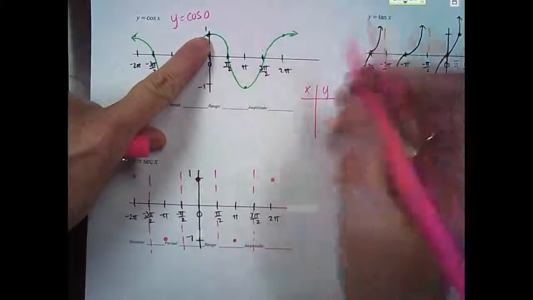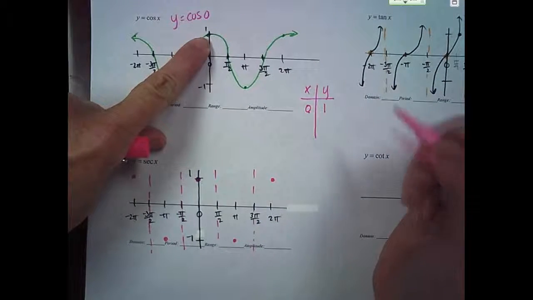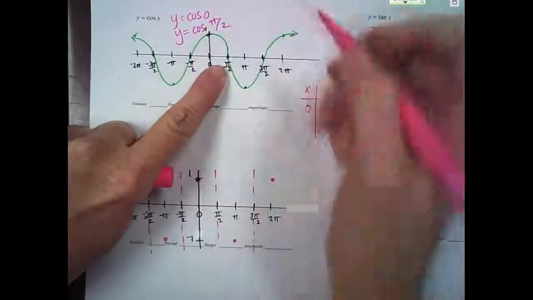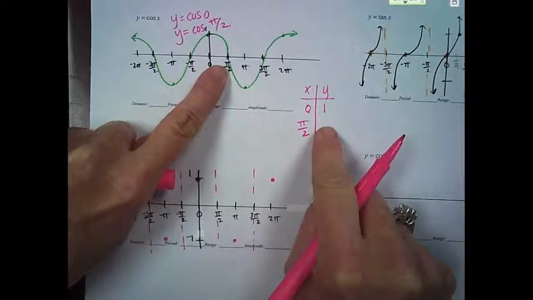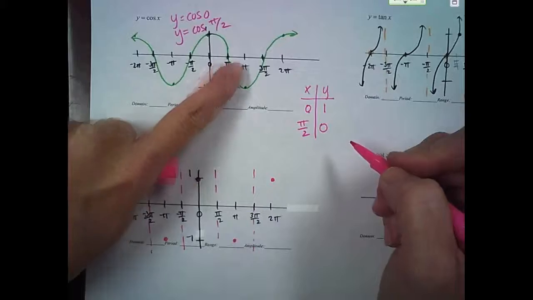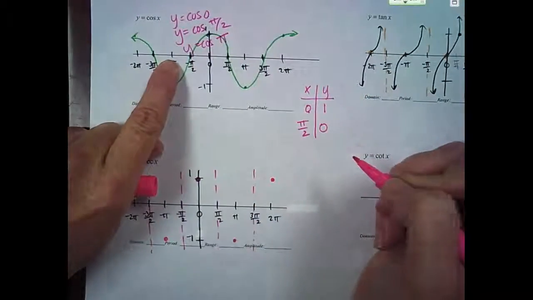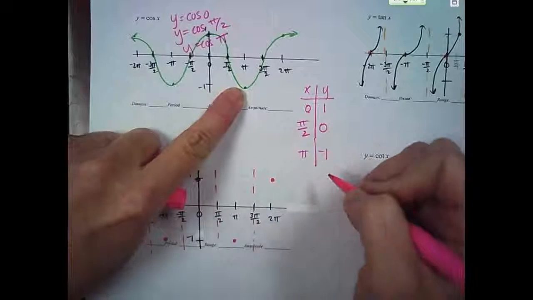Input 0 radians, output 1. Do you agree? Yeah. Then I wanted y equals cosine at pi over 2. I inputted pi over 2, and my cosine value was 0. Okay, go to the next one. What's y equals cosine at pi? I inputted pi, and what did I get out? Negative 1. You agree? Yeah.